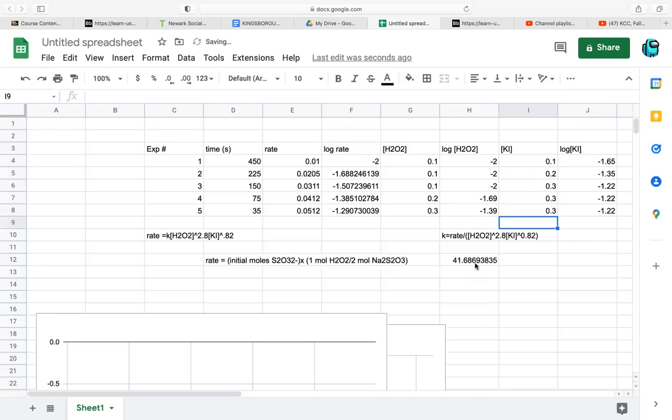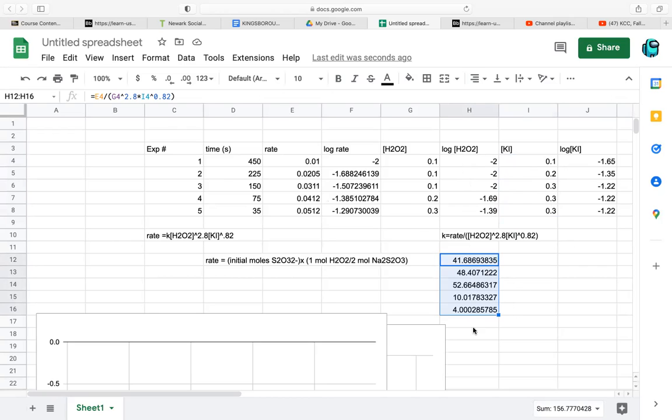There we go. So now it did give you a number. And then you can just come down and fill in, and it's going to do all 5 there. And then you got it. Is that right? I guess that's right.